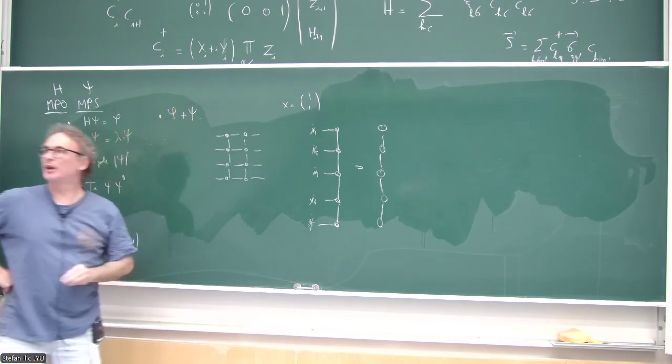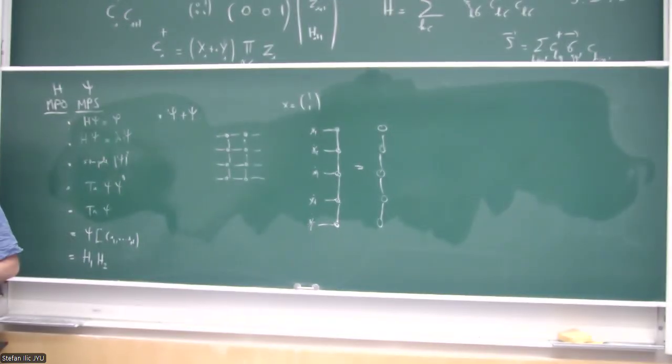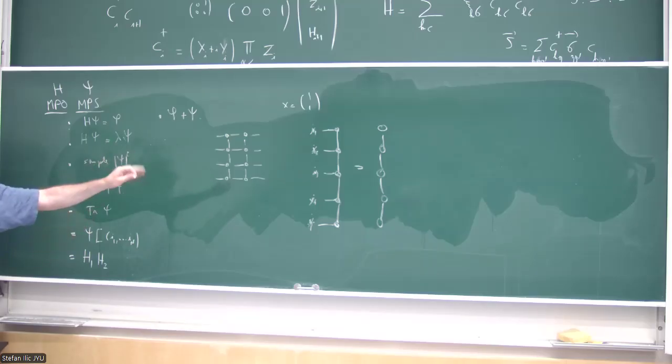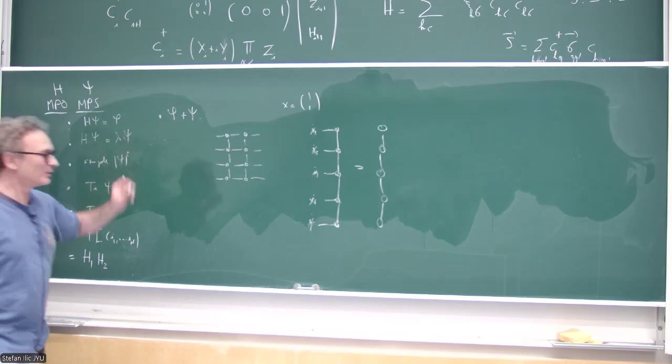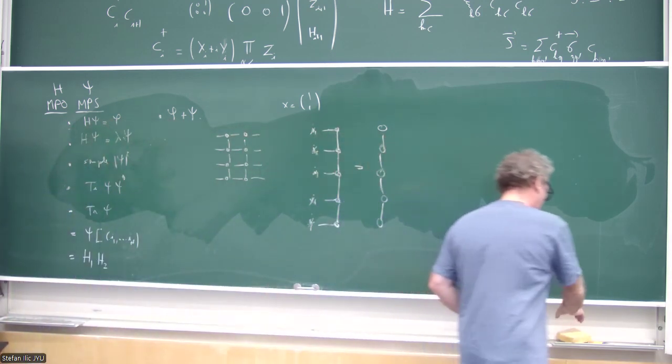Can we add two MPS? This one is a bit annoying. It's the only one for which the drawings don't help. Drawings are really made for multiplying matrices, but for adding two, it's not complicated.